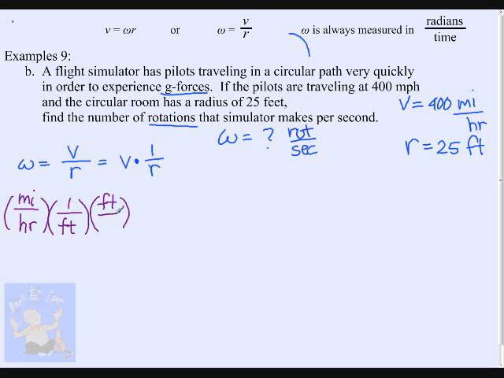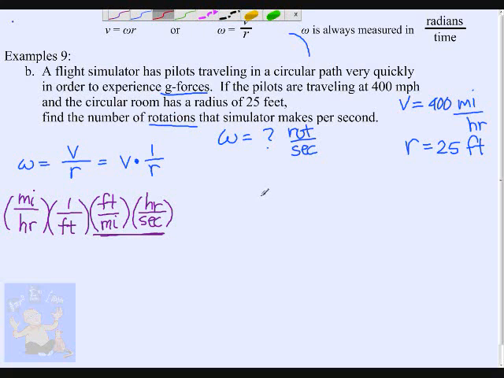This is my conversion factor. Miles. And I'm going to go from hours, which I've got down here, get rid of those, to seconds. So these are my conversion factors I have to put into my equation.